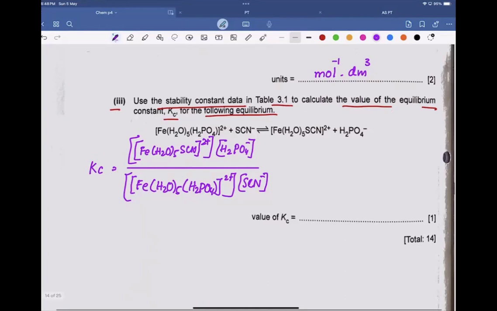Why is it so? Because this complex is in the numerator of this equation, so its value is going to be in the numerator. And the other complex is in the denominator of this equation, so the K step value of the other complex is going to be in the denominator. Is this understandable?